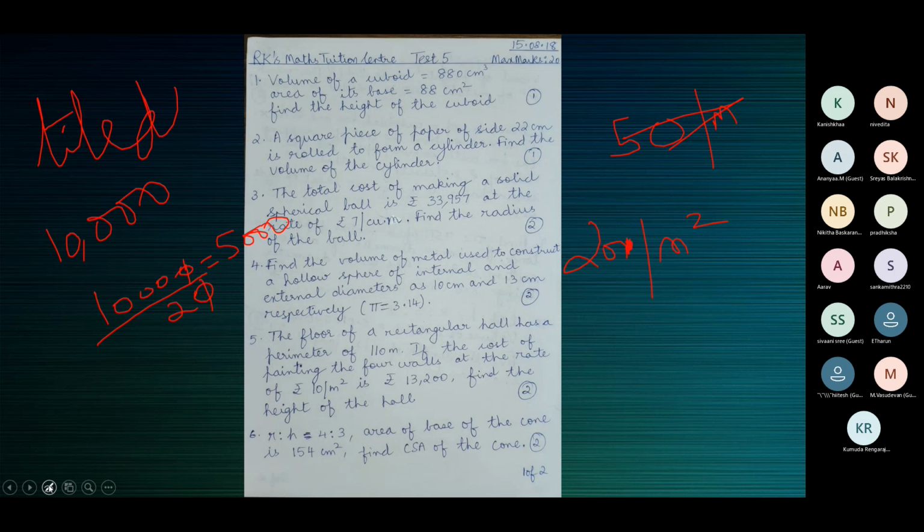Yes, it is 500. Thank you. Ma'am, 500 is the area of the floor. Area of the floor. What's the unit? Square units, ma'am. Square units or meter square.